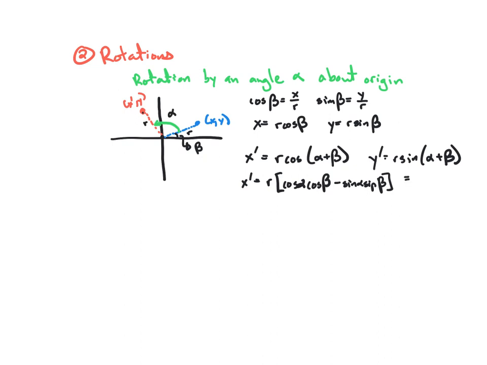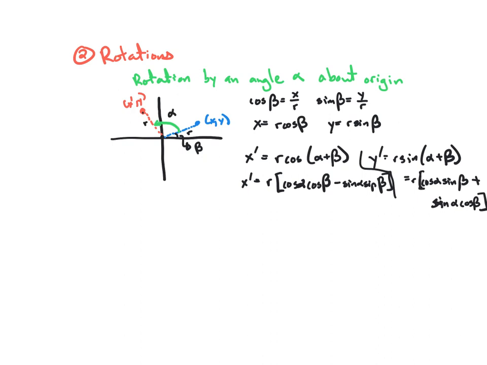And for y prime, it is r times cosine alpha sine beta plus sine alpha cosine beta.